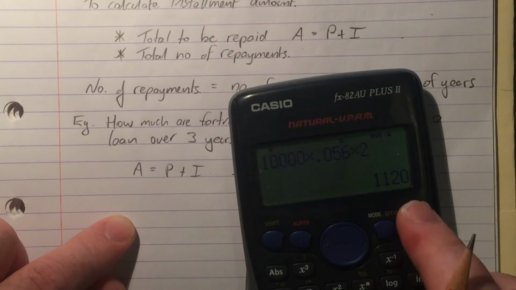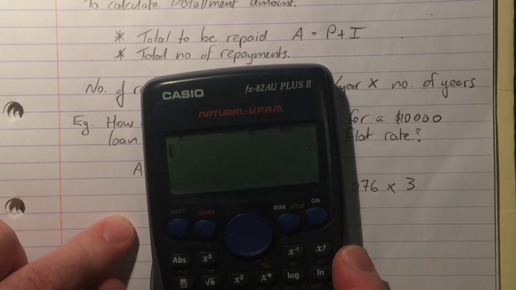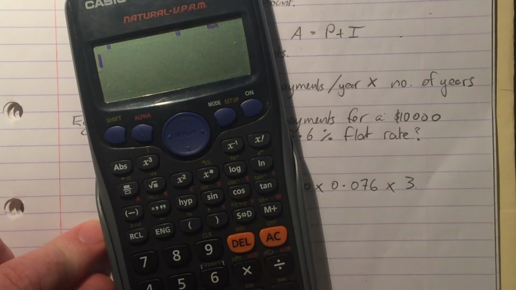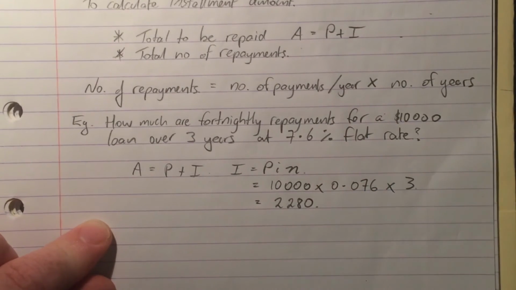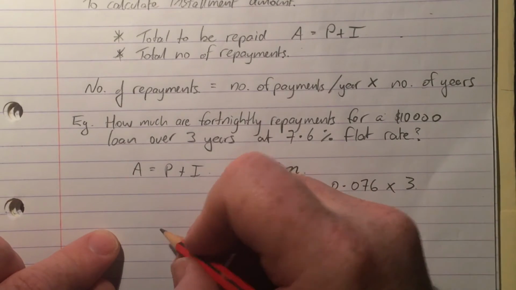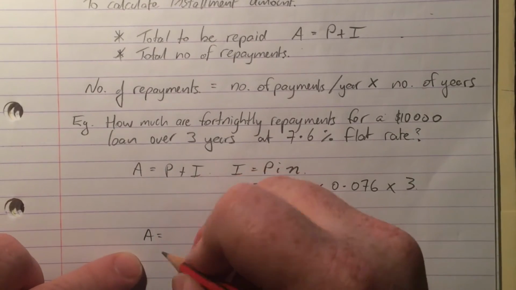We'll pop that into our calculator: 10,000 times 0.076 times 3, and we get $2,280.